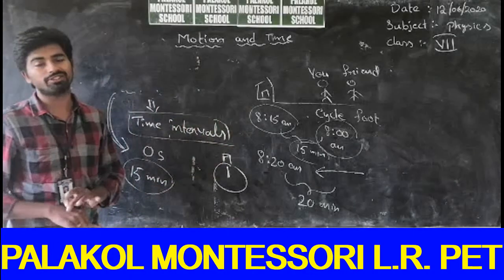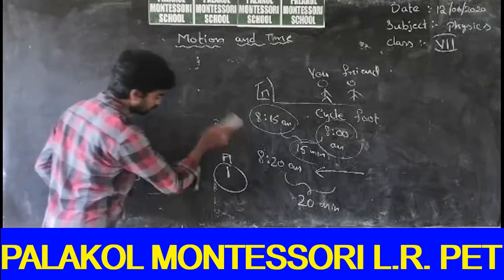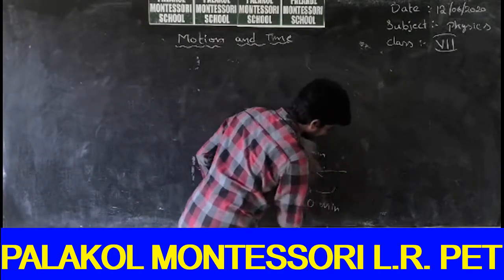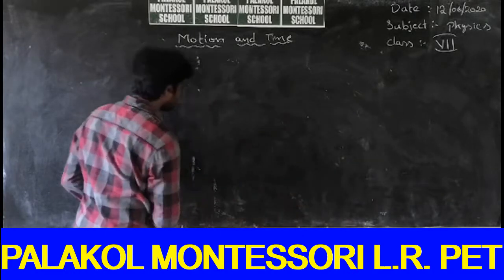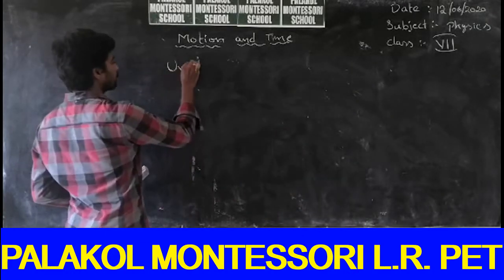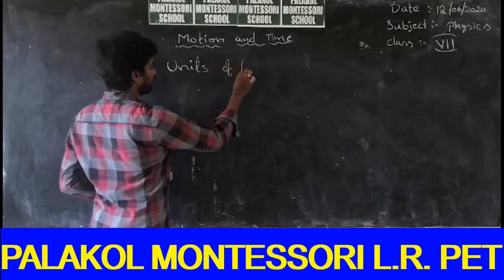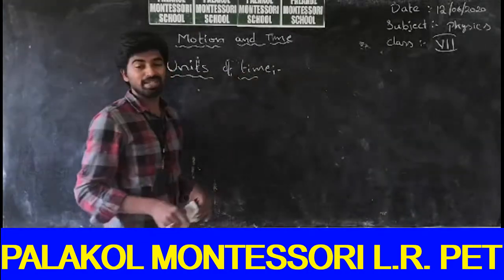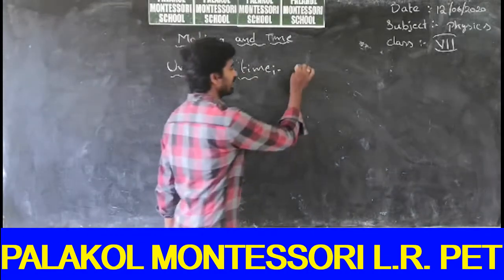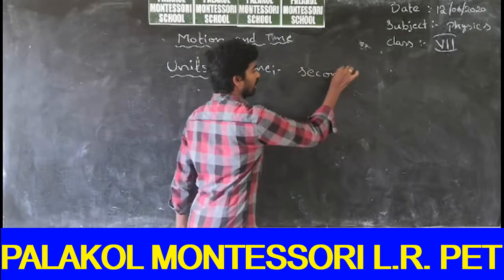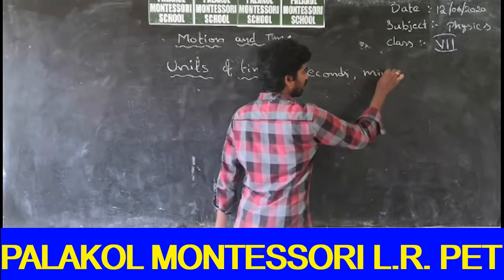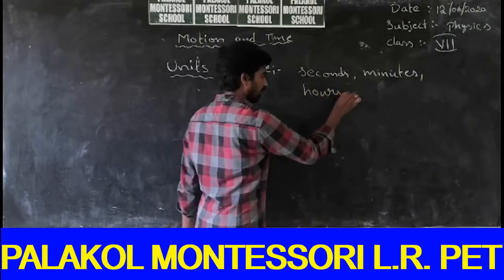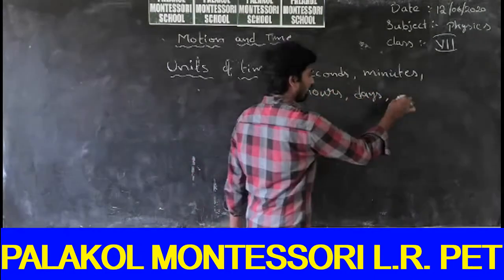What are the units of time? Time is measured in seconds, minutes, hours, days, or years.